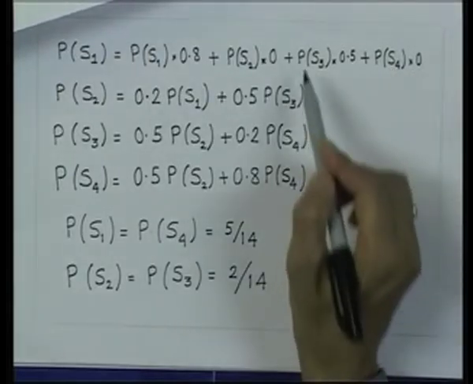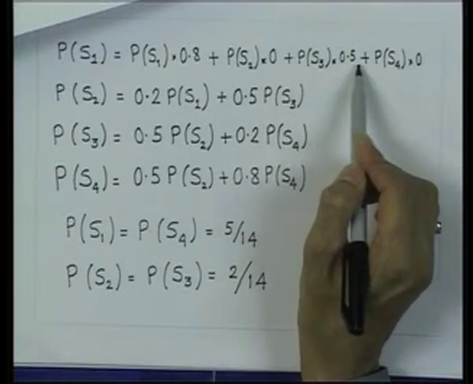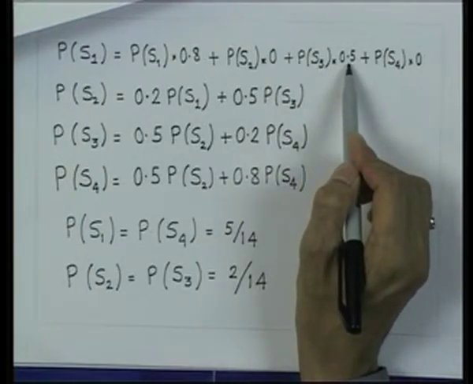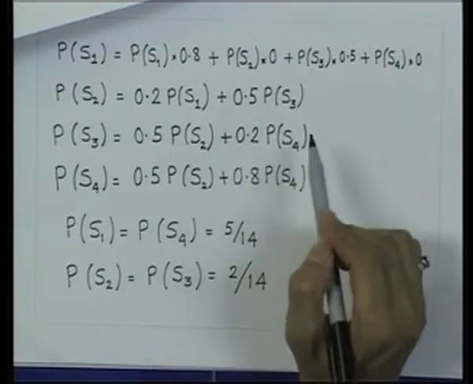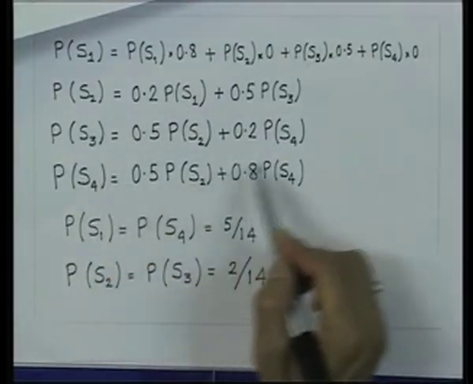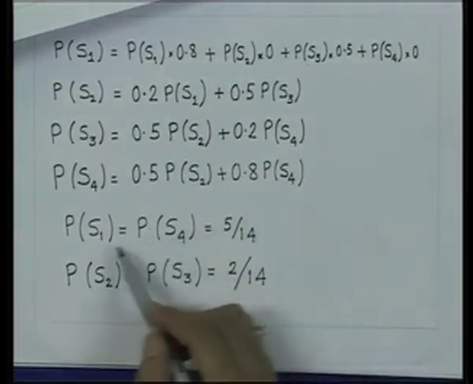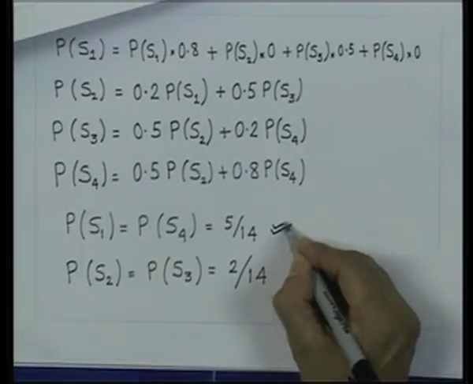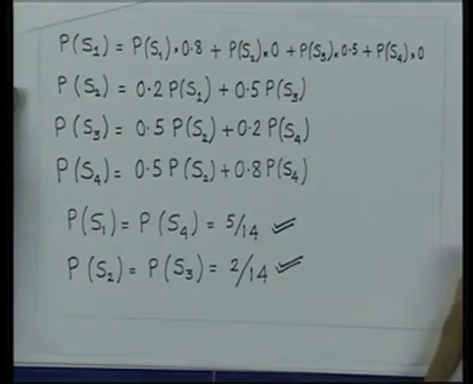So, all these are 0, whereas I can come to state S1 from S3. So, I get probability of S1 given S3 is 0.5 and the probability of S3 itself is indicated here. So, I have 4 simultaneous equations, and if I solve these 4 simultaneous equations, what I get are these values. So, these are the probability distribution of an ergodic second order Markov source.